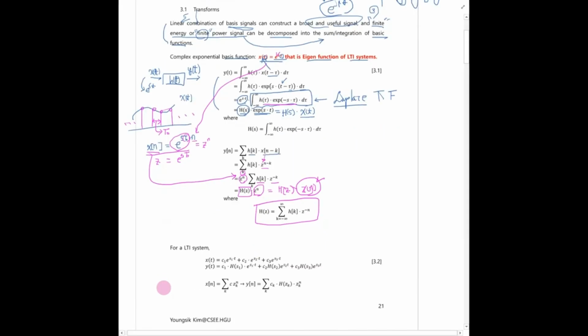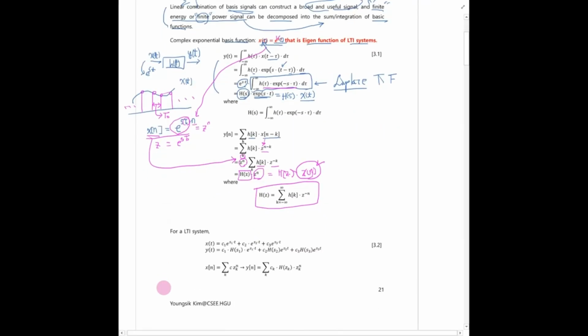But actually x(t) is usually not a complex exponential function. But if we can decompose the input signal into a sum of these exponential signals, then we can calculate each separately in the LTI system by use of the superposition theorem.